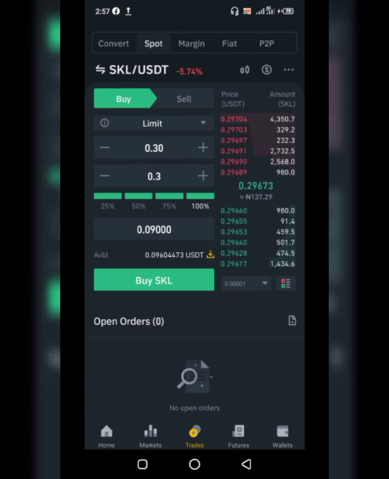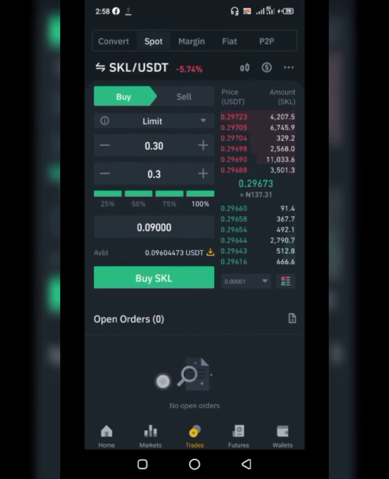Once you click on buy, if you set the limit to maybe a lesser amount which is not the same as the current market price, you will see it showing here under open order.